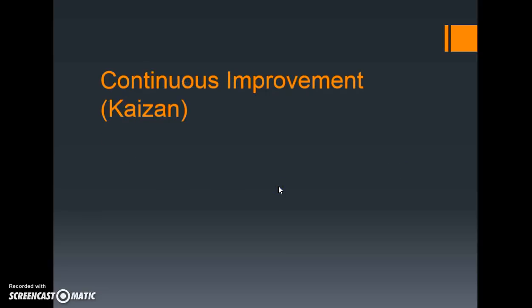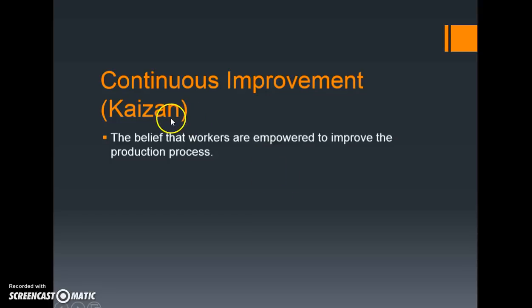Continuous improvement is another one. This is another Japanese one called Kaizen. This is whereby improvement is continually aspired to. It doesn't stop. You never stop to say, okay, that's the best we can do, and that's it. You're empowering yourself to go even further. And the significant thing is that this responsibility is passed down to the workers, because they are the ones who are seen working day to day.